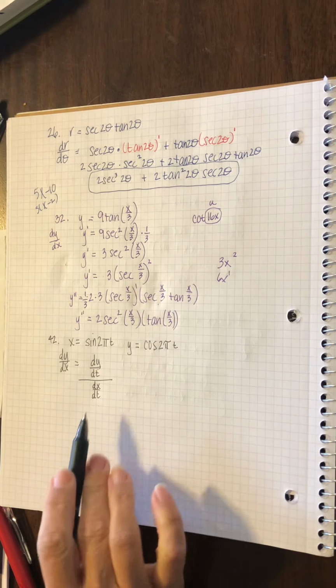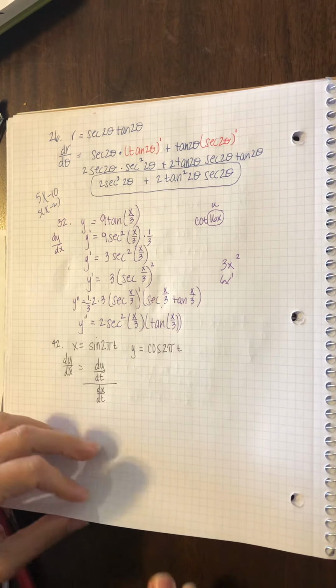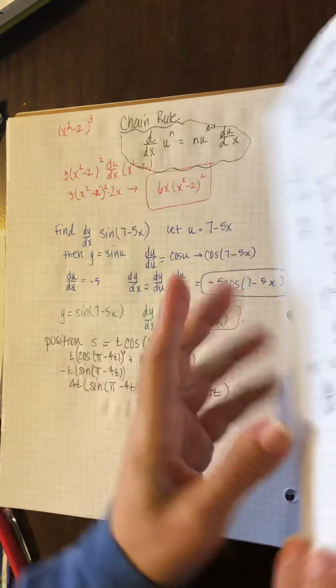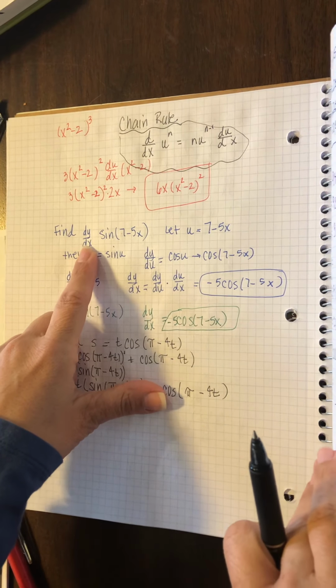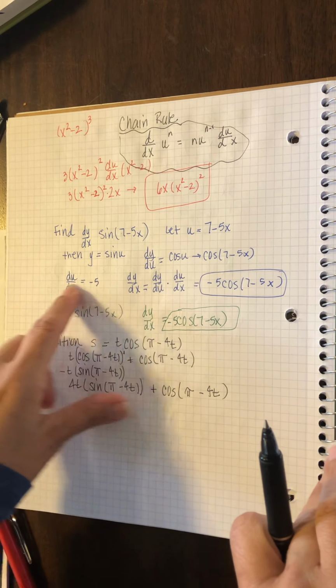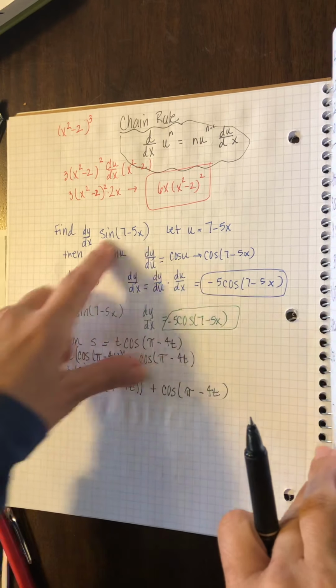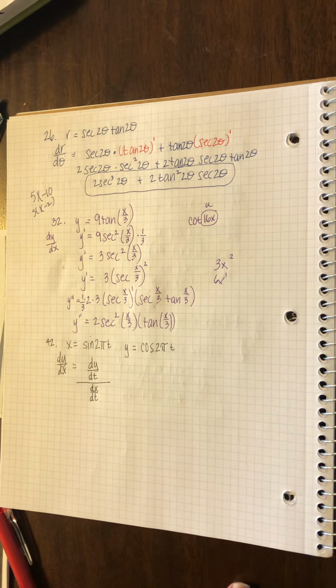And when you simplify that, don't you get dy dx? You sure do. Just like for the chain rule, when we went about it in a roundabout way, like in a previous problem where I found dy du and du dx for a total of dy dx, same exact concept here. dy dx is going to be dy dt over dx dt.